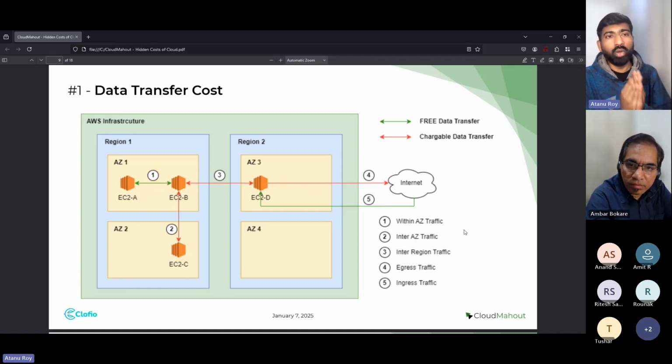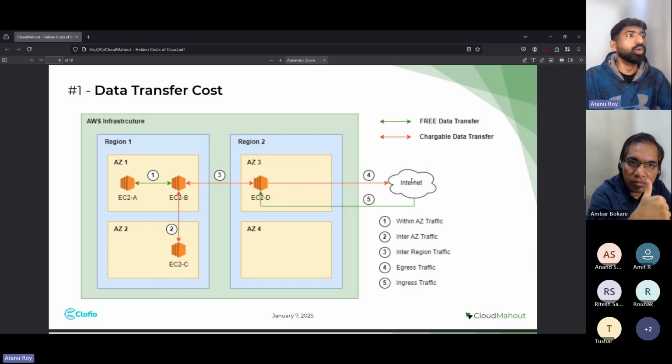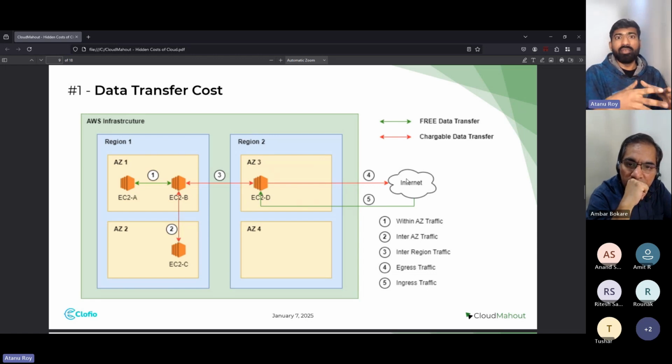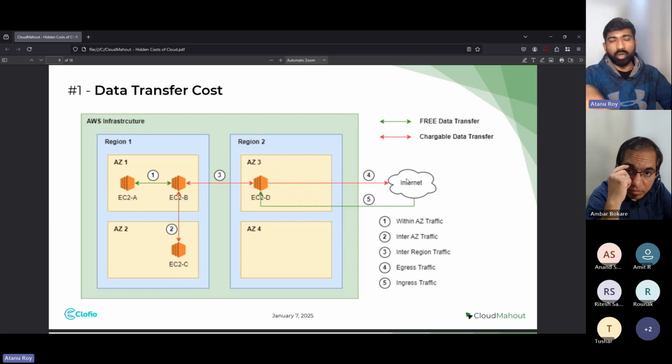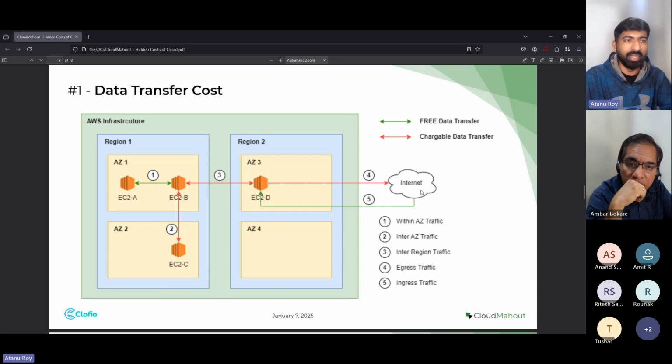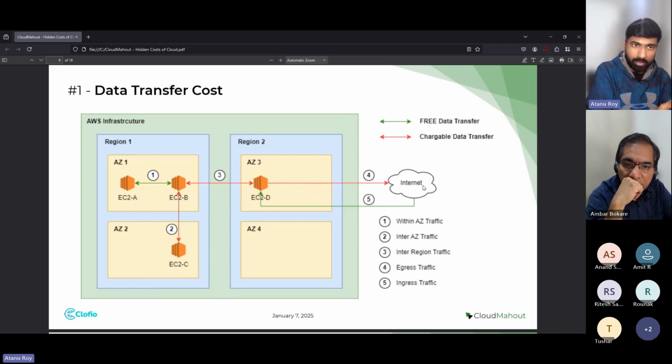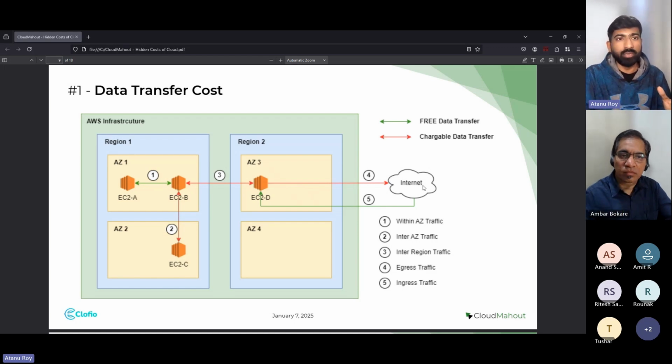Now let's talk about how the data moves through this entire infrastructure and how you are going to get billed, right? I am assuming my mouse pointer is visible so that I can quickly walk you through. The internet is everything outside your AWS network. Outside the AWS network, wherever you are connecting, that is our public internet. Let's assume that within your AWS infrastructure, you are downloading something from outside.